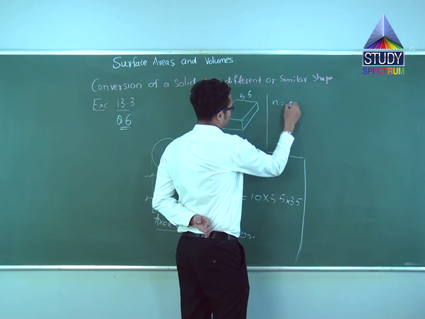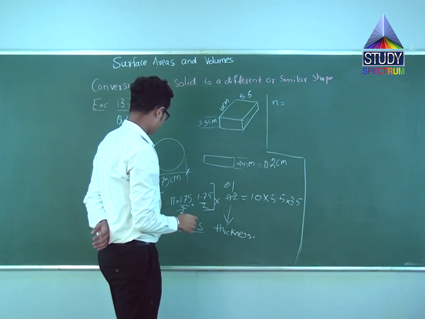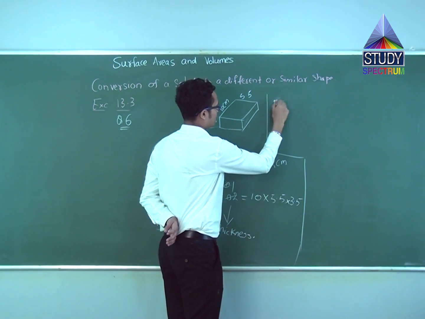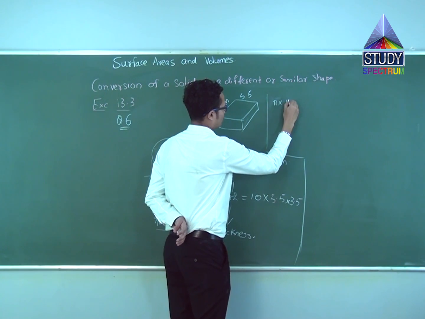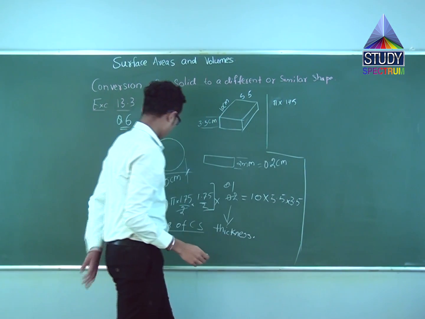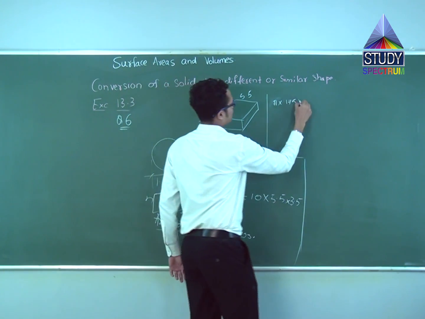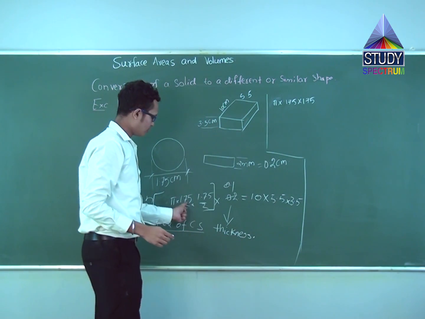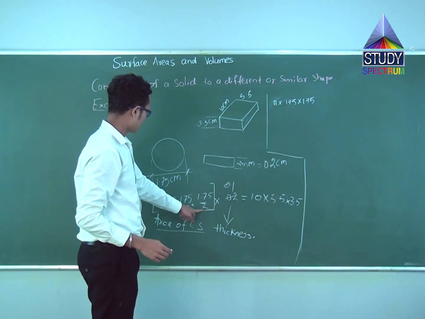So n equal to pi into 175 into 175. I'll tell you why I am not writing the point here.